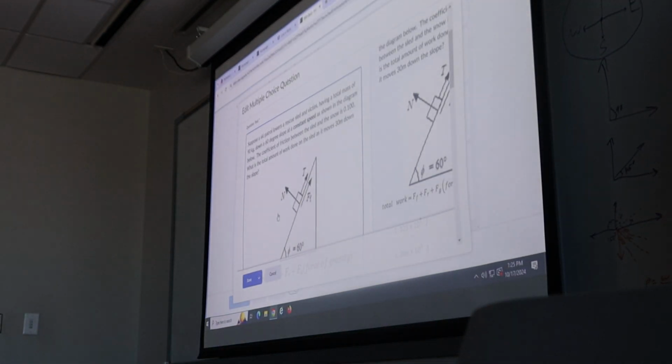How much work is done by the rope? That's by the rope. So there's a rope. Plus F of G, which we know is the force of gravity. So total work.